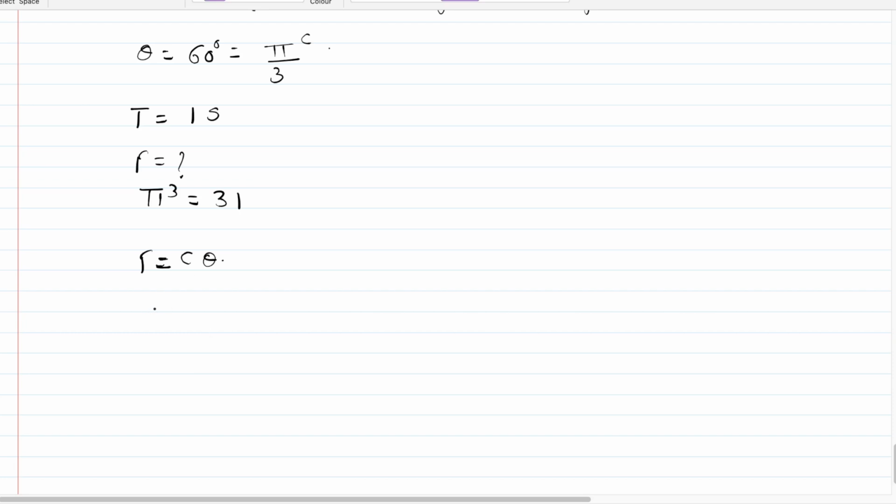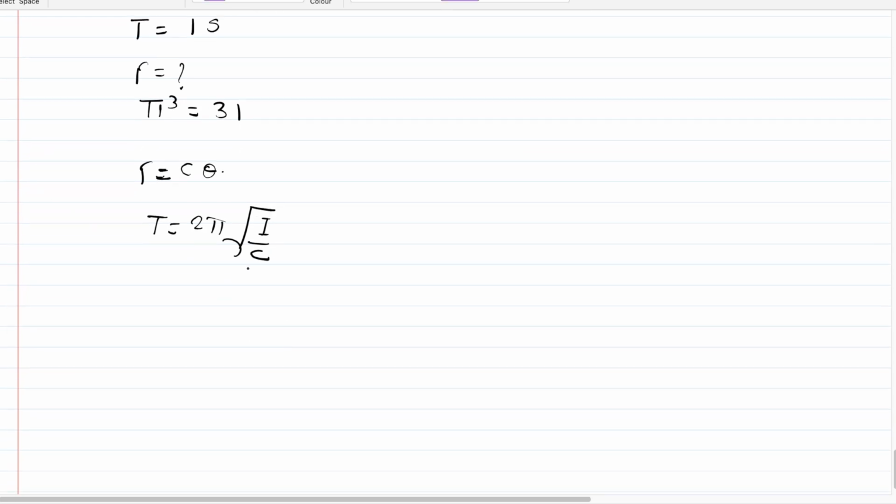Therefore we can calculate the value of C by using the equation T equals 2 pi under root of I by C. By putting the value of T as 1 here, this will be 1 equals 2 pi under root of I by C. We will take the square on both sides.